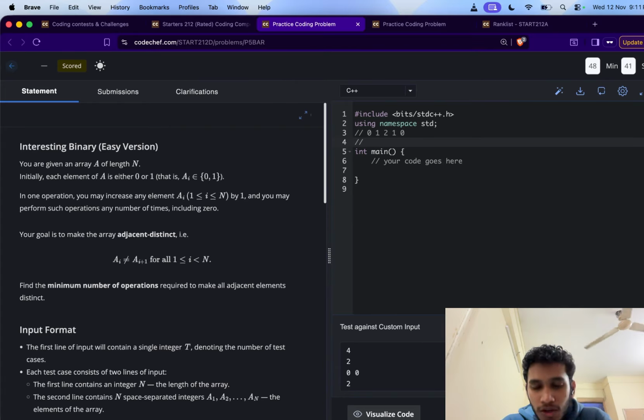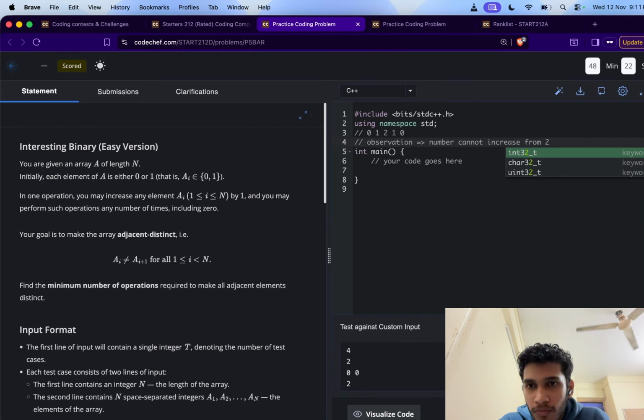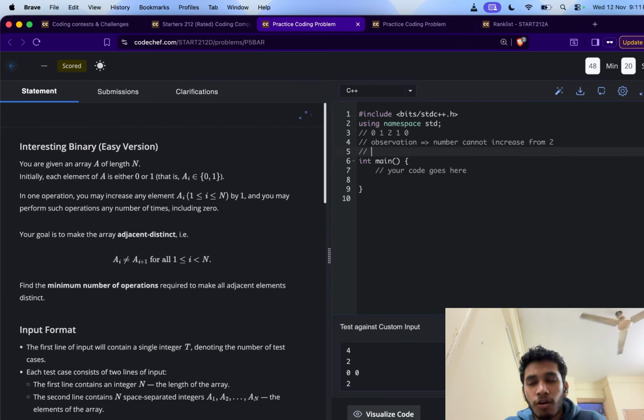So what is my first observation? A number cannot increase from 2. There cannot be a number greater than 2.